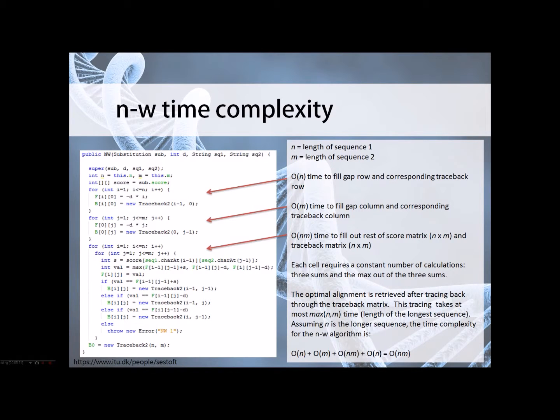The final part of the algorithm, which is not shown here, is the actual tracing back of the traceback matrix, and that takes at most n or m time, depending on which is the maximum, and it will never go over that. Assuming that n is the longer sequence, the final time complexity of the NW algorithm is O(n) plus O(m) plus O(n times m) plus O(n), and altogether that's just O(n times m) time.